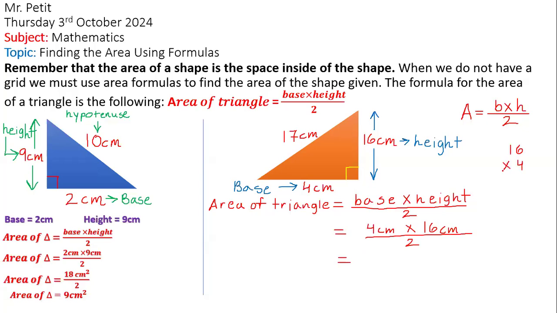Let's multiply it. 4 times 6 is what? 24. Put the 4 down and carry the 2. 4 times 1 is 4, plus 2 is 6. So it's going to be 64.